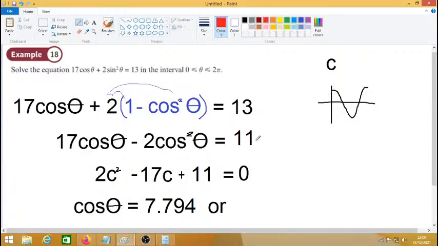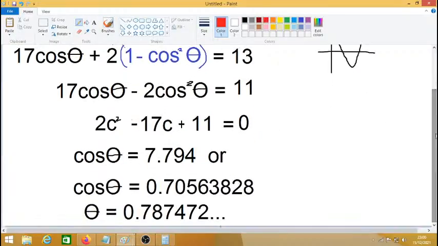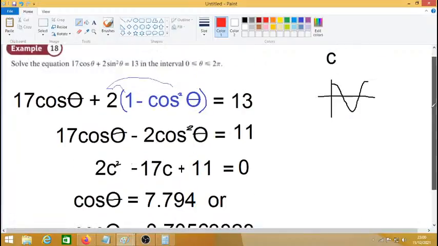At the moment we had cos theta as being 0.7, so that's about here. And then the angle that we've worked out by doing inverse cos is about here. The graph will then carry on, but it'll hit that same value around here. So we want that other value.